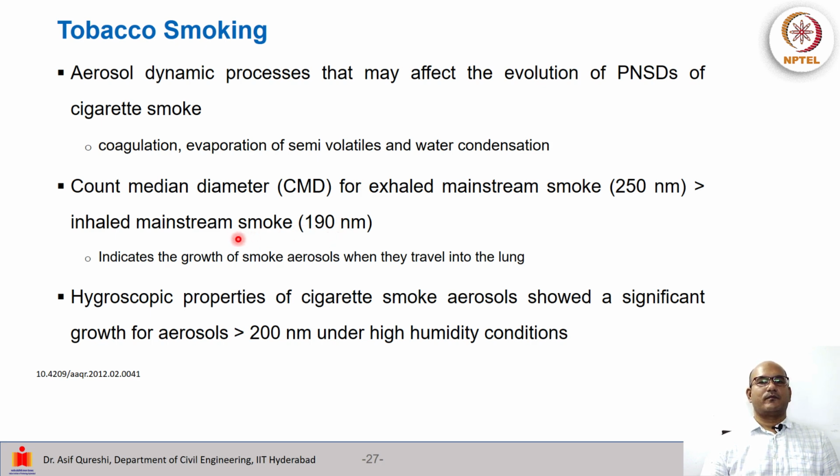And this indicates that the smoke aerosols grew. So we inhaled some aerosol, it grew, some deposited, and the grown aerosol is now exhaled. So we inhaled, it grew inside, and then we exhaled that grown aerosol.